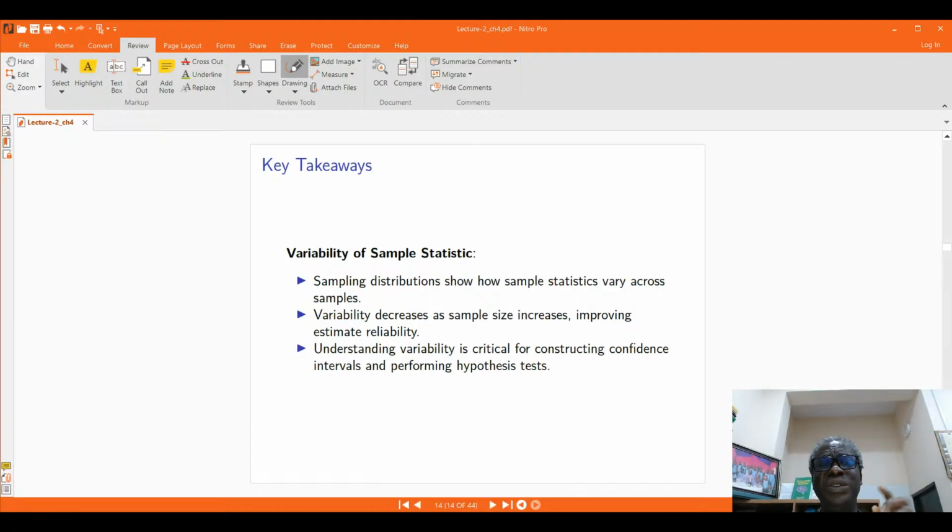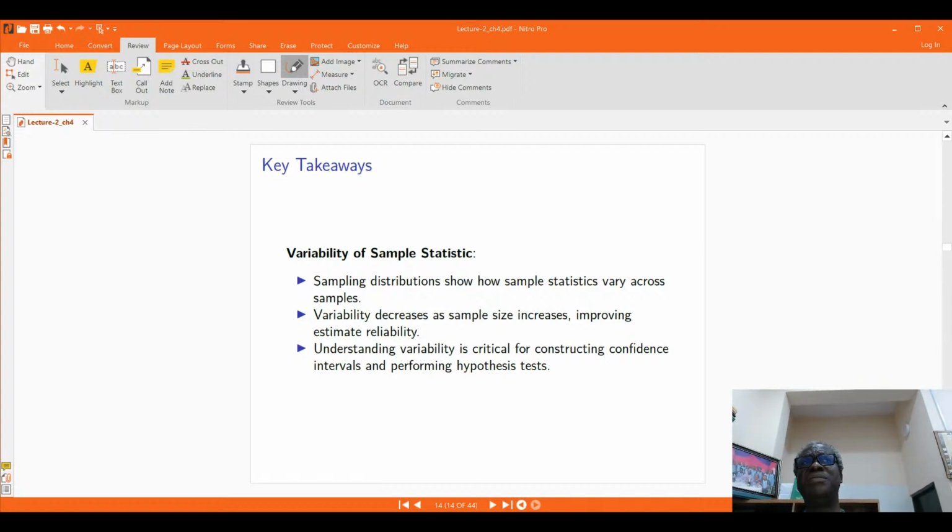Now, three takeaways. When we talk about sampling distributions, we are simply concerned about how sample statistics change from sample to sample.